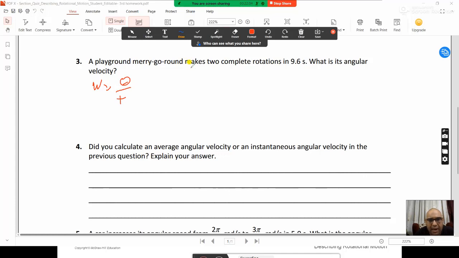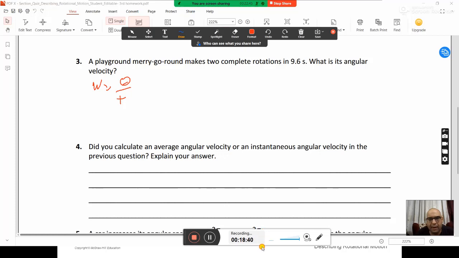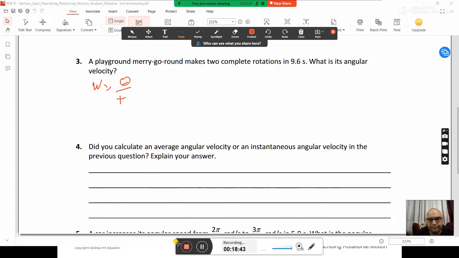Theta is the angular displacement. To find the value of angular displacement, you have to find the angle itself, then remove the degree sign to make it radian. What is the value of the angle? 2 complete rotations represent the angle.